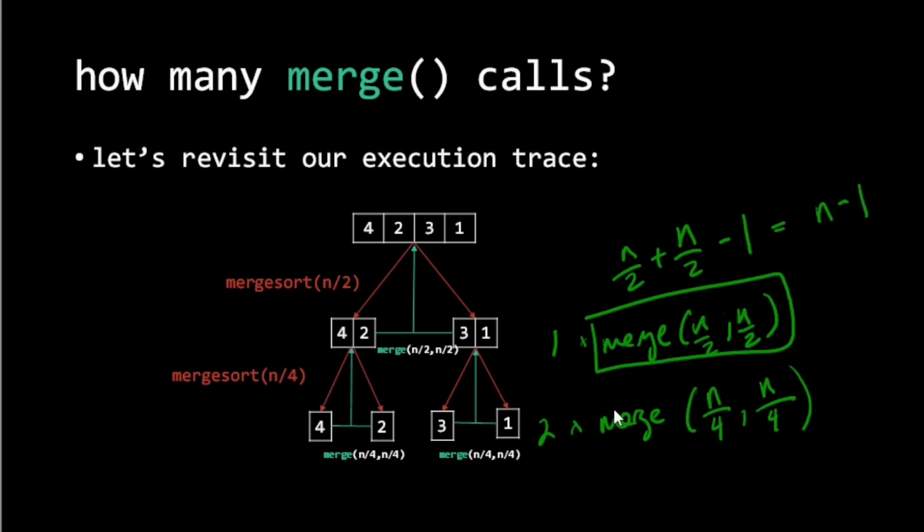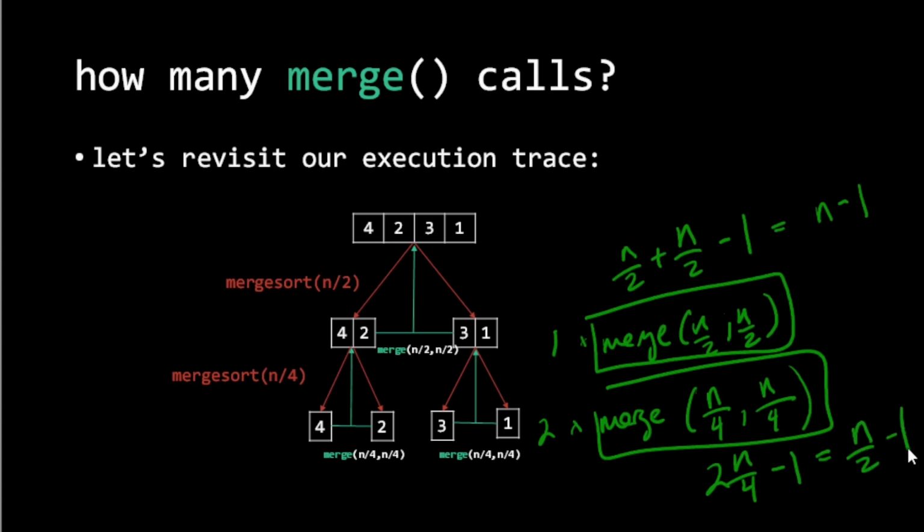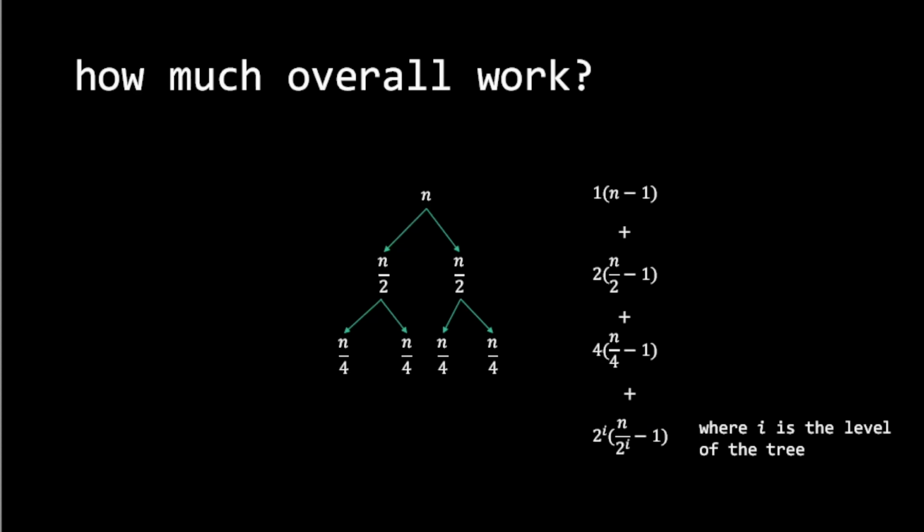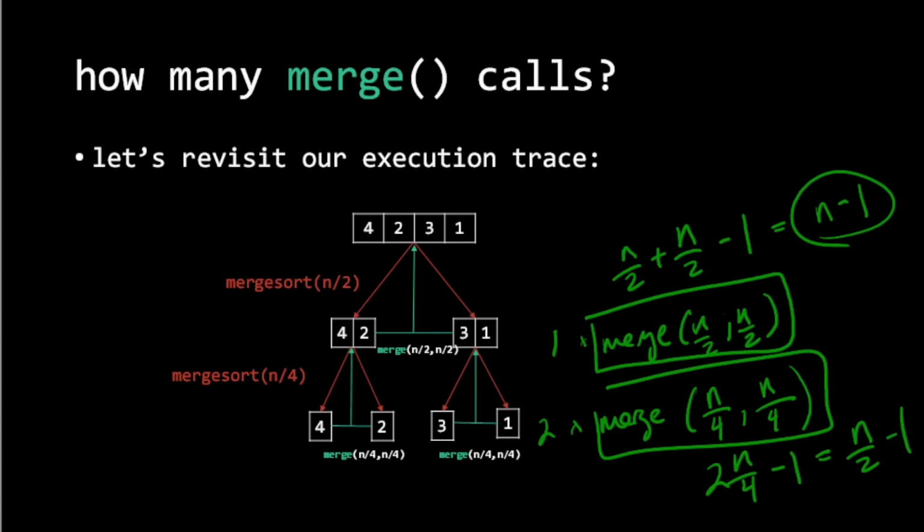And this one is then n over 4 times 2 minus 1, which equals n over 2 minus 1. To generalize that, this merge at the top will require one merge of n minus 1, which we just saw derived.